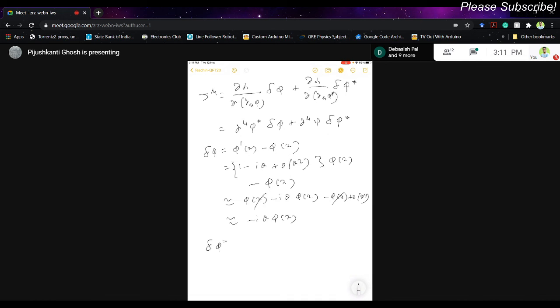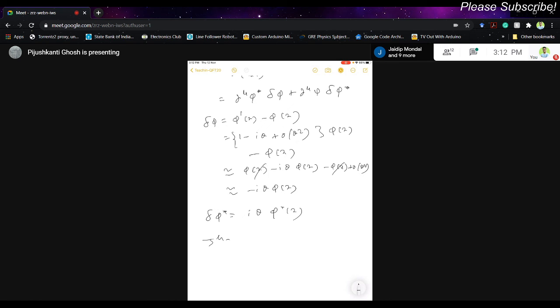Similarly, delta phi star will be i theta phi star. J mu is equal to del mu phi star, delta phi is minus theta phi of x. Okay.